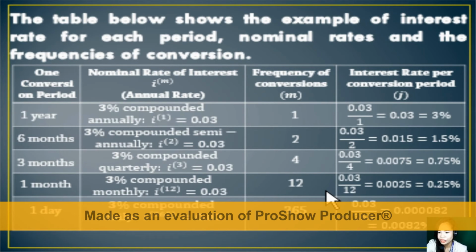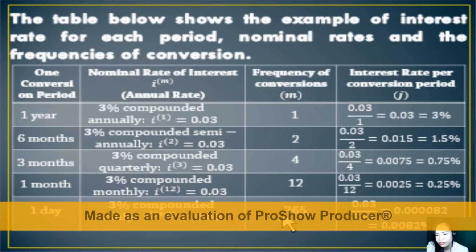So we'll divide 0.03 by 12 as the frequency of conversions. We now have 0.0025, or multiplying it by 100%, we have 0.25%.